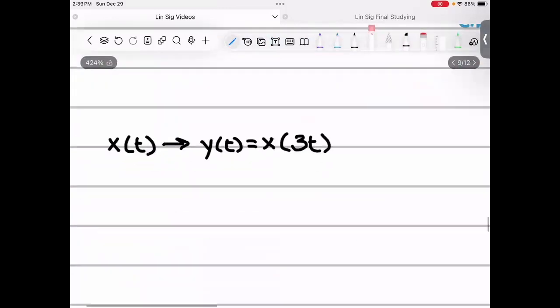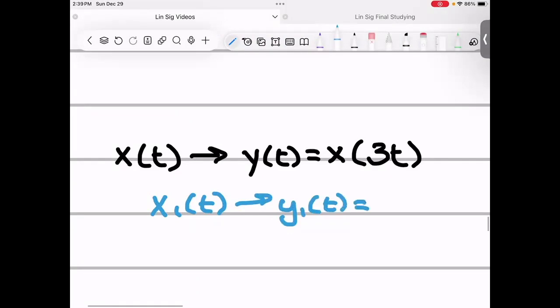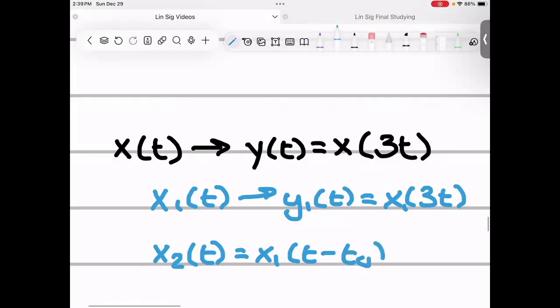Cool. Okay, let's start on a second example. We're going to get our x1 of t. It's going to give us y1 of t, which is just x of 3t, or x1 of 3t, you could also call it. And then x2 of t is x1 of t minus t naught.